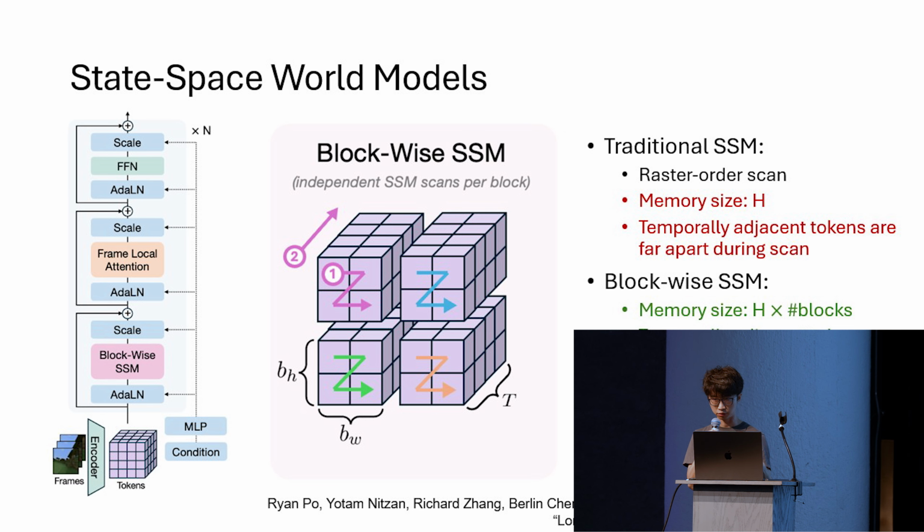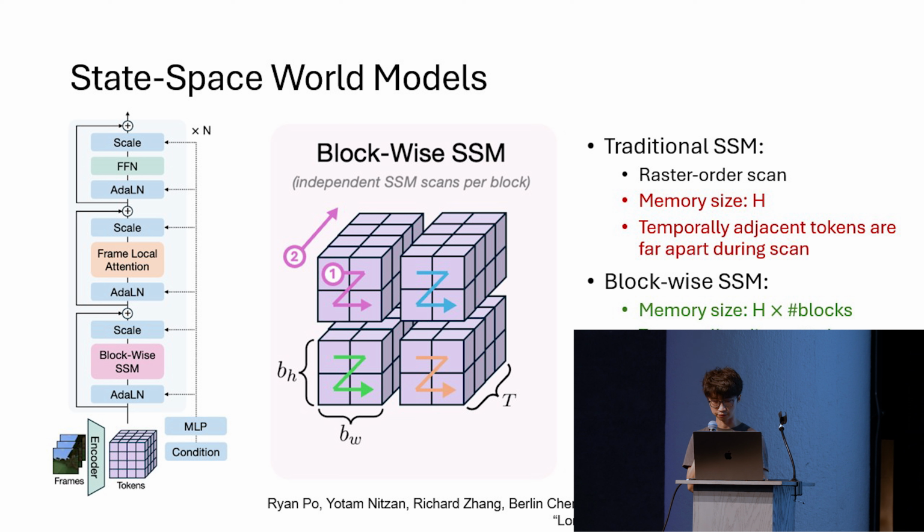You have a limited memory size, and with that scan order, you finish scanning one frame, and then you see the same location in the next frame, so two tokens at the same location in nearby frames are really far apart from each other in this scanning order. So the model basically spends most of the capacity modeling spatial interactions, but doesn't do much in temporal memory. So we propose a new type of scanning algorithm.